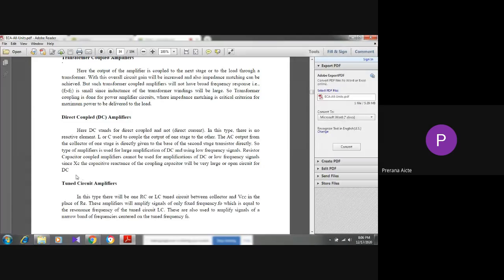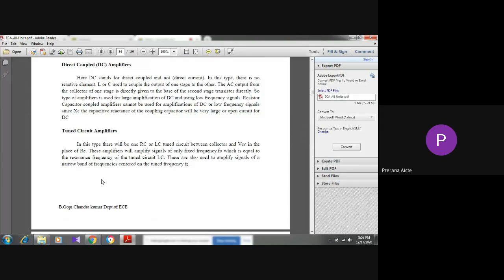Next one, the tuned circuit amplifier. Tuned circuit means simply we can call it an LC circuit, LC tune or RC tune, no problem. That is a combination of reactive element and resistive element. Another name is impedance coupled amplifier. Impedance means a combination of resistor and inductor or resistor and capacitor.